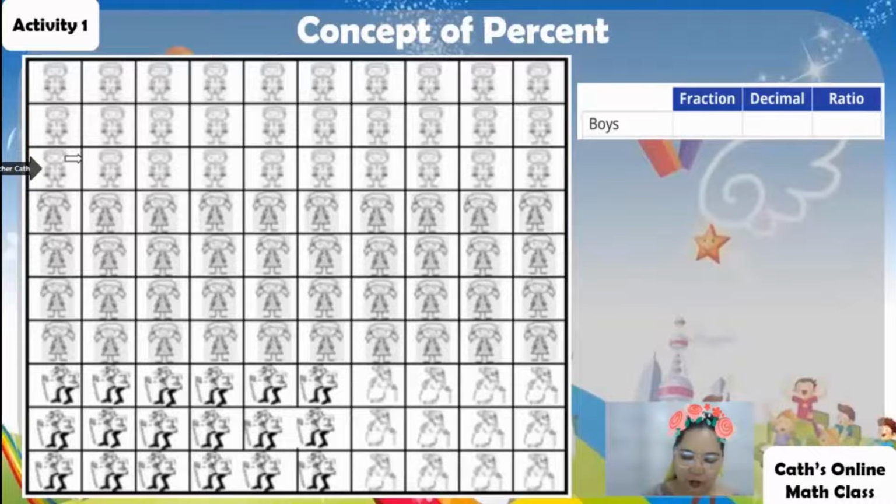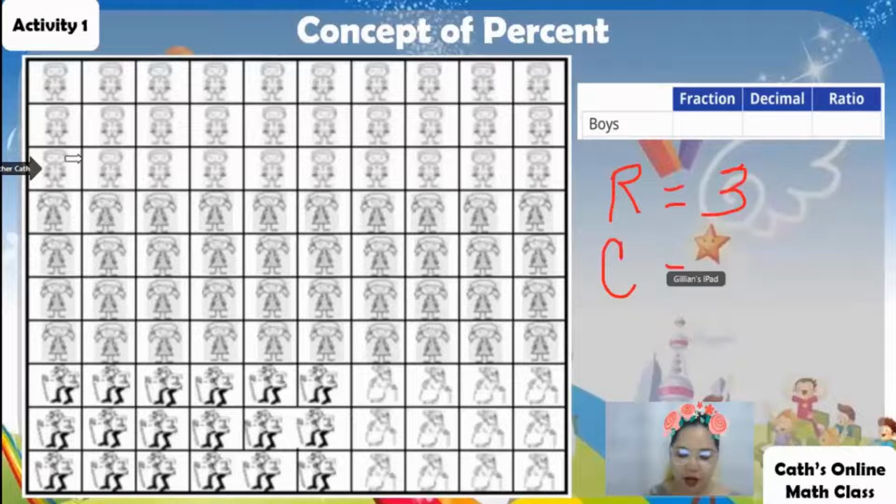There are 3 rows, which are boys. And in the columns, there are 10. So 3 times 10, that is equal to 30. Now, out of all this, how many is the total? When you convert this to fraction, it is 30 over 100.